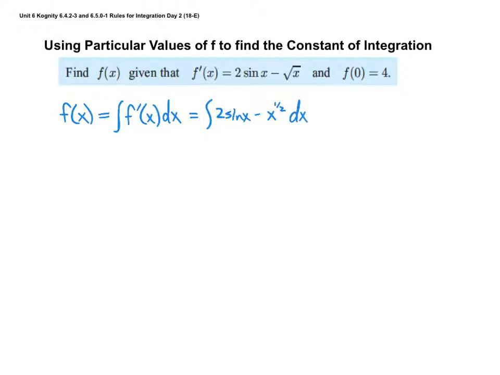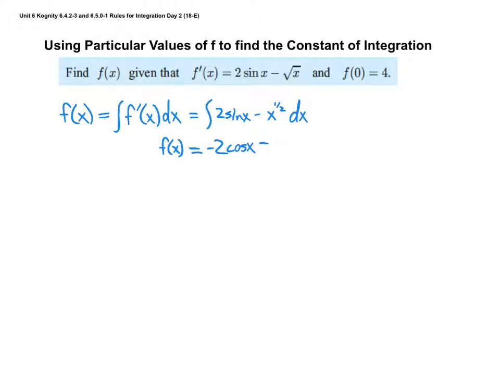We know the rules for this. Okay, what's the integral of 2 sine of x? Yeah, -2 cosine x. The integral of sine is negative cosine, and the constant comes along for the ride there. What is the integral of x to the 1/2?